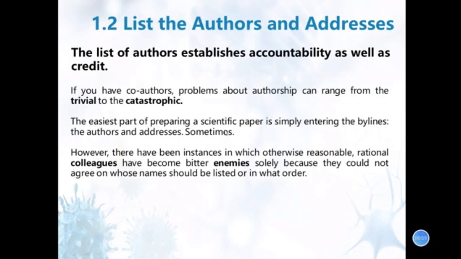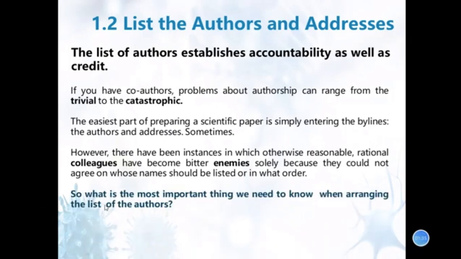However, there have been instances in which otherwise reasonable colleagues have become bitter enemies solely because they couldn't agree on whose names should be listed or in what order. So it is very, very important to list the authors in correct or suitable order.